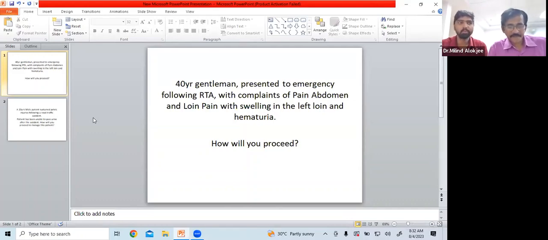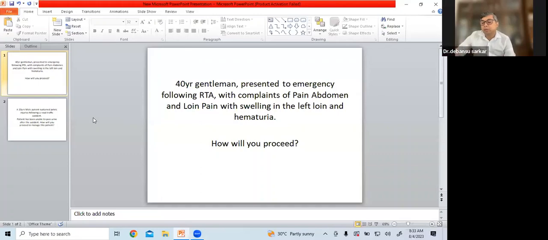Grade 3 is more than 1 centimeter laceration, not extending to the medulla or collecting system. Grade 4 is any renal vascular injury or laceration reaching up to the collecting system. Grade 5 is either complete avulsion of the renal pedicle or a shattered kidney.